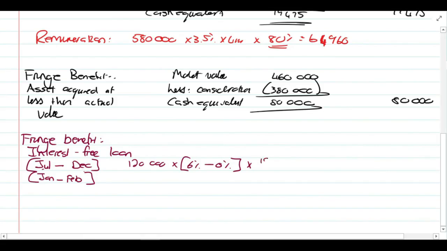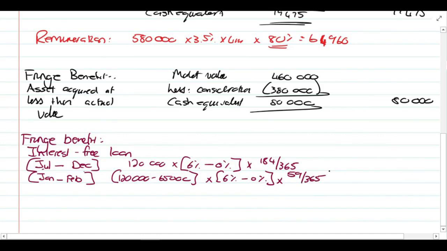Remember, always use the days. That's 184 days out of 365. And then January and February, 120,000 minus the 65,000 we paid. Again, calculate the interest. And Jan has 31 days, February has 28 days. So 59 over 365.